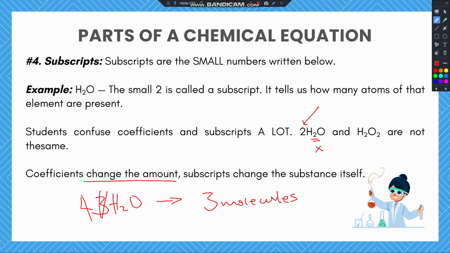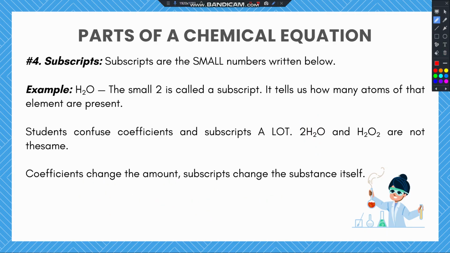Now I have 4 molecules of water present. But if I change this 2 to a 3, it means I have changed the entire substance. And that's not the way to balance a chemical equation, because atoms are neither created nor destroyed in the process of balancing a chemical equation.